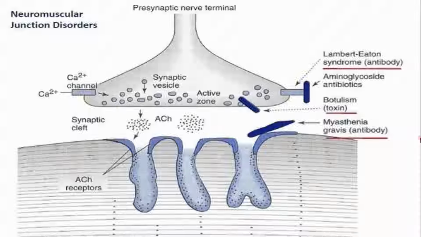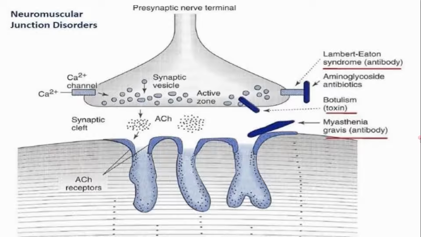And there are different proteins, as we told, present in the presynaptic terminal. The SNAP proteins, the synaptobrevin. Botulinum toxin B cleaves synaptobrevin. While botulinum toxins A and E cleave the SNAP25.